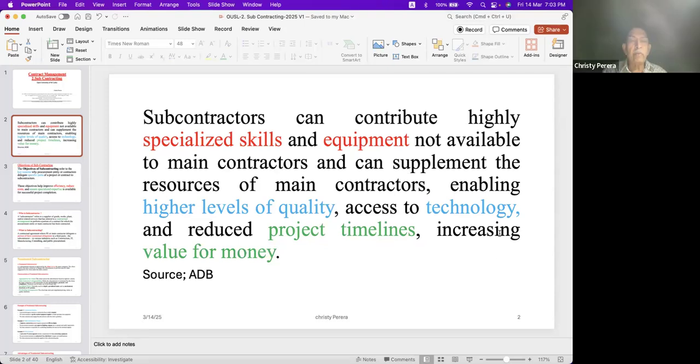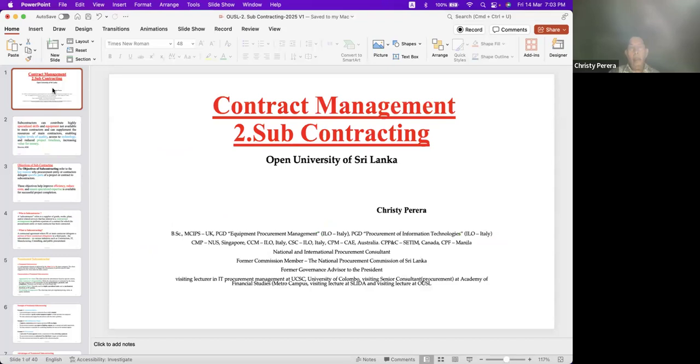Now we are going to start with this contract management part regarding subcontractors. One of the major things in contract management is using subcontractors, or giving subcontracting.